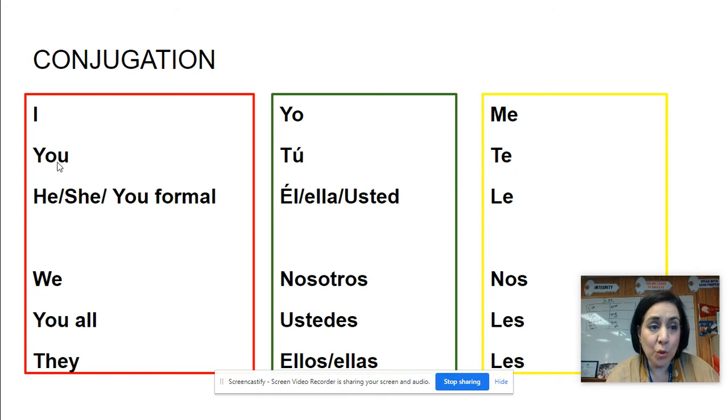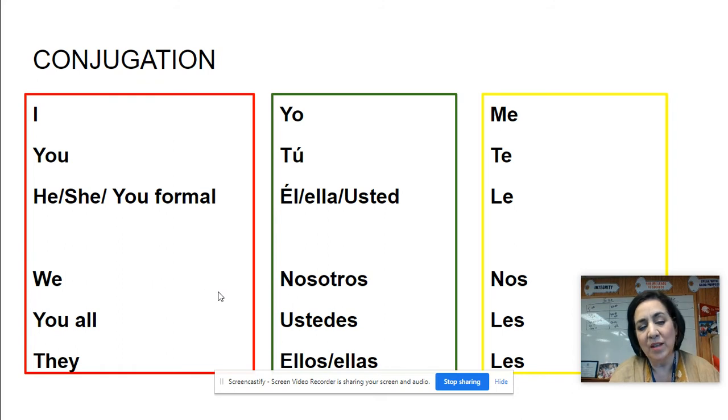We use you in most of the verbs. We say tú, but in verbs like gustar, we say te gusta. So as you can see, these columns show you that we have two ways of saying I, two ways of saying you, two ways of saying él, ella, or usted, and le, he, she, you formal, and so on.